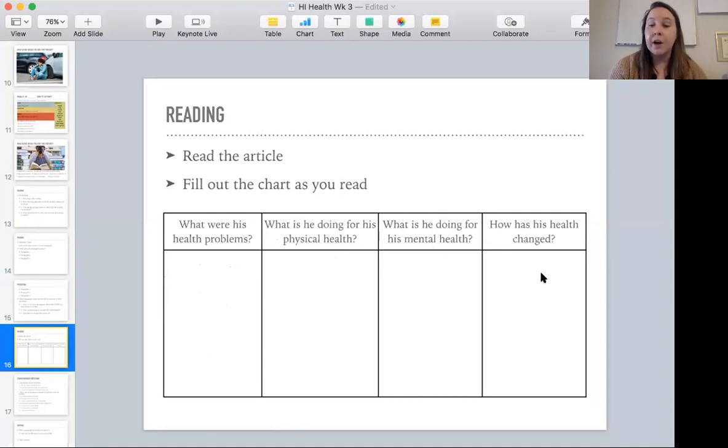The third paragraph. And then how has his health changed? So what were his problems? How have they changed? Have they gotten better? Have they gotten worse? So as you read, think about these questions and follow the structure of the reading and the different paragraphs to answer those questions.